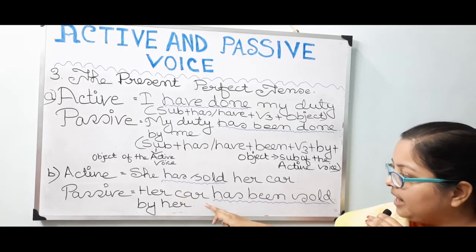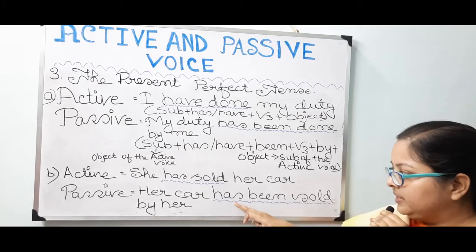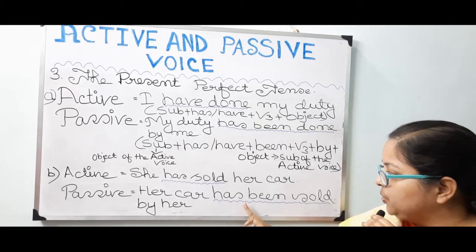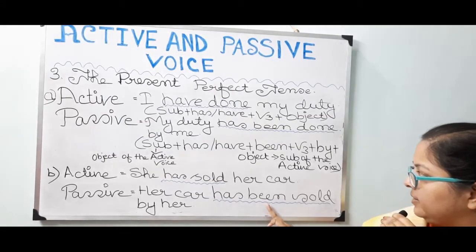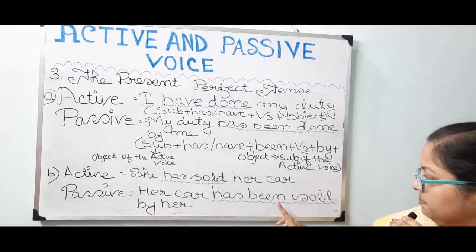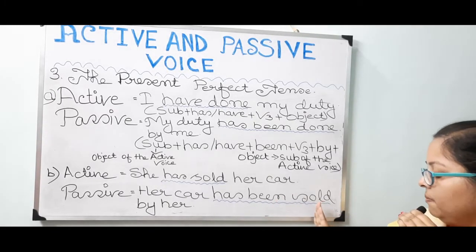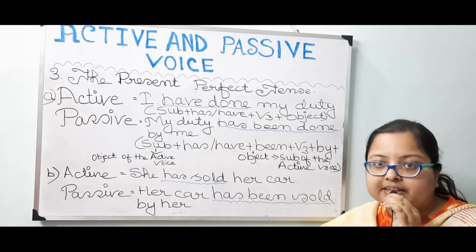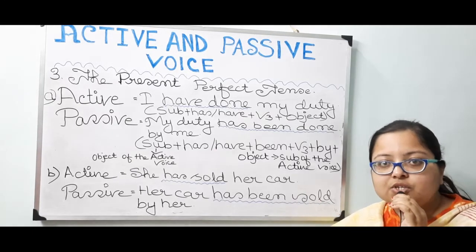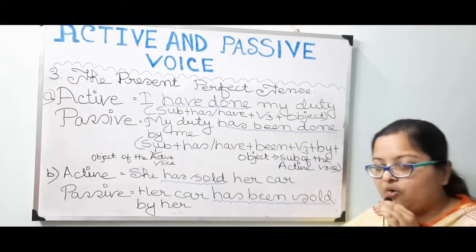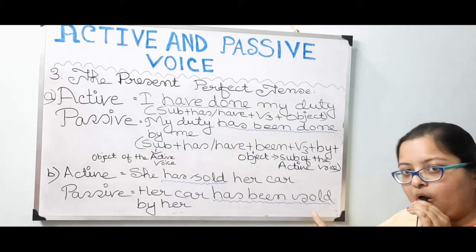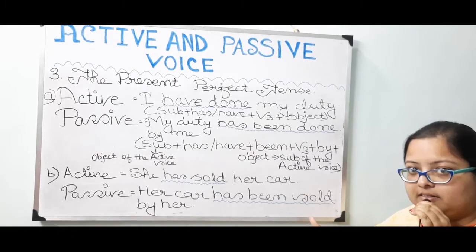Then car is singular in number, so has according to the rule. Then been. Okay, been. Then third form of the word sell, that is sold. Sell, sold, sold. So over here we have to put the third form of the word sell, that is sold.